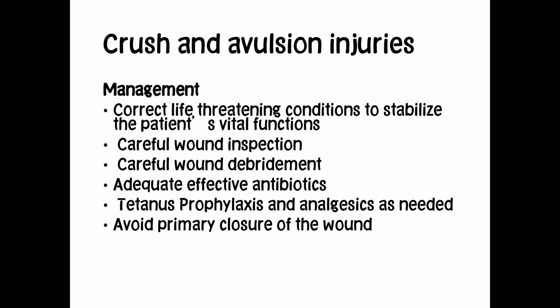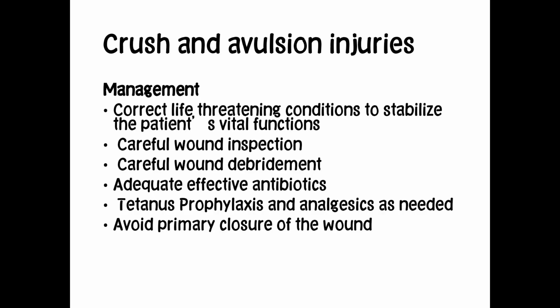For their management, you first correct the underlying life-threatening conditions, and you stabilize the patient's vital signs. These crush and avulsion injuries are always accompanied by polytraumatic injury to other tissues, and the very first key thing you do is a primary and secondary survey, as we just discussed.